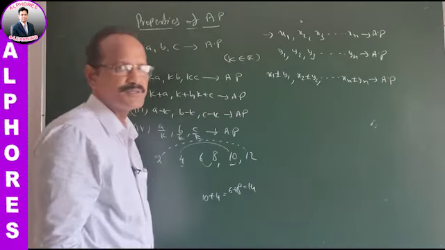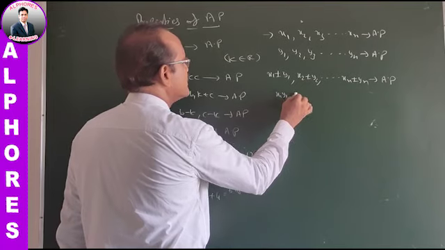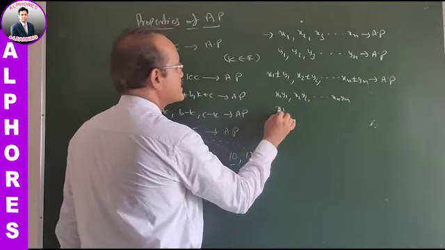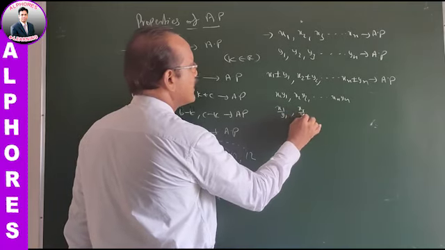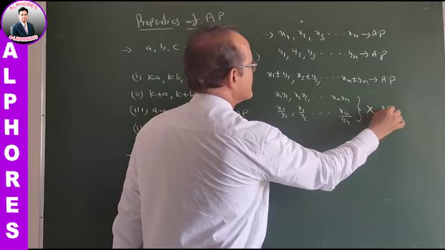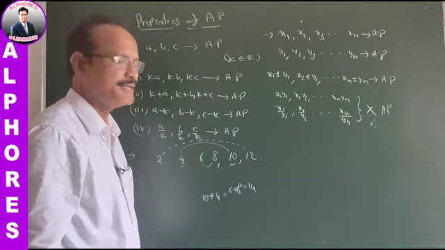But x1 into y1, x2 into y2, etc., xn into yn, or x1 by y1, x2 by y2, and so on, xn by yn, these are not in AP. The sums and differences are in AP. Right? Okay.